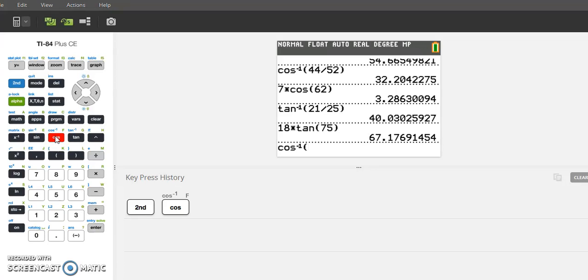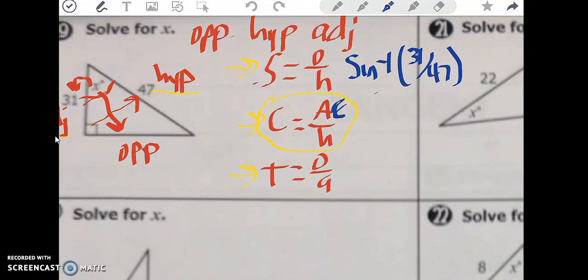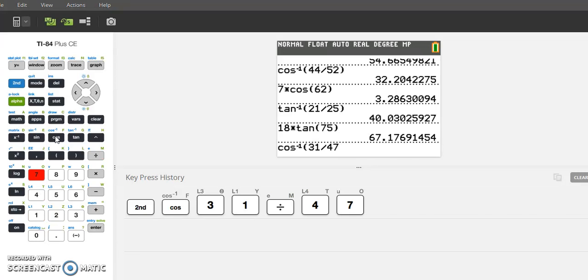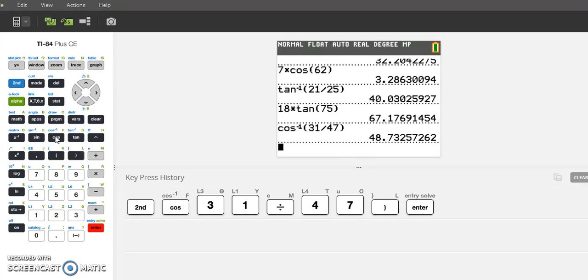Huh. I noticed the mistake I made. I'm sure you did too. I wrote sine, and really I should have put cosine. Whew. Man, that could have been bad. Alright, so the inverse of cosine, 31 divided by 47. Then we close the parenthesis, hit enter.